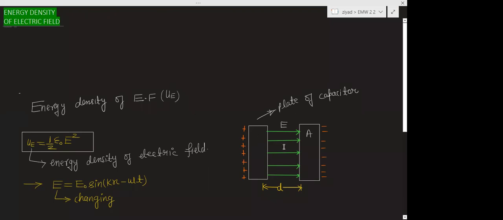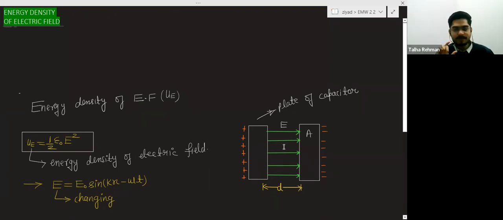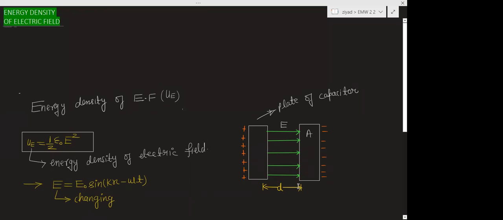This thing we have studied in the capacitor. Basically, these are the two plates of the capacitor, and this capacitor is in the charging condition. On this plate there is a negative charge, and on this plate there is a positive charge. I have told you there will be an electric field in between the plates of the capacitor, and these plates are separated by a distance of small d.